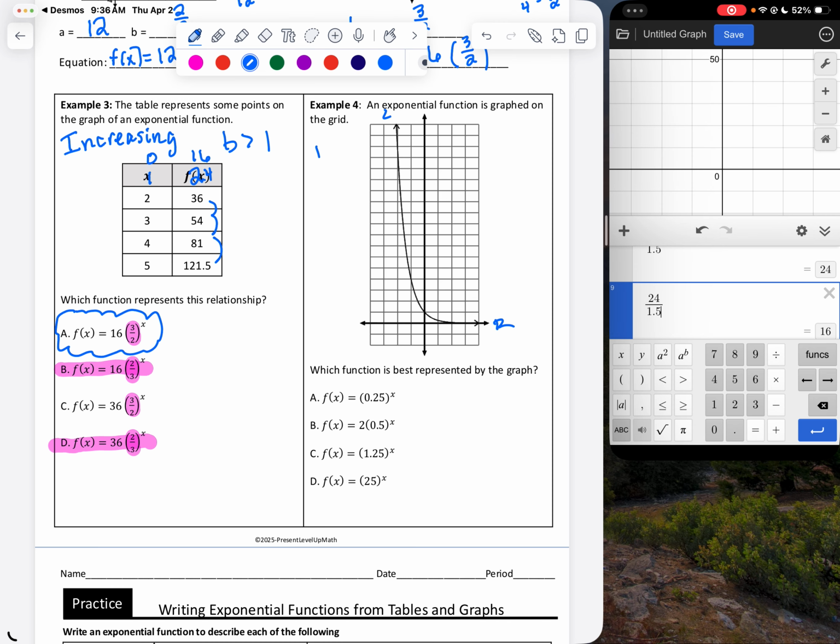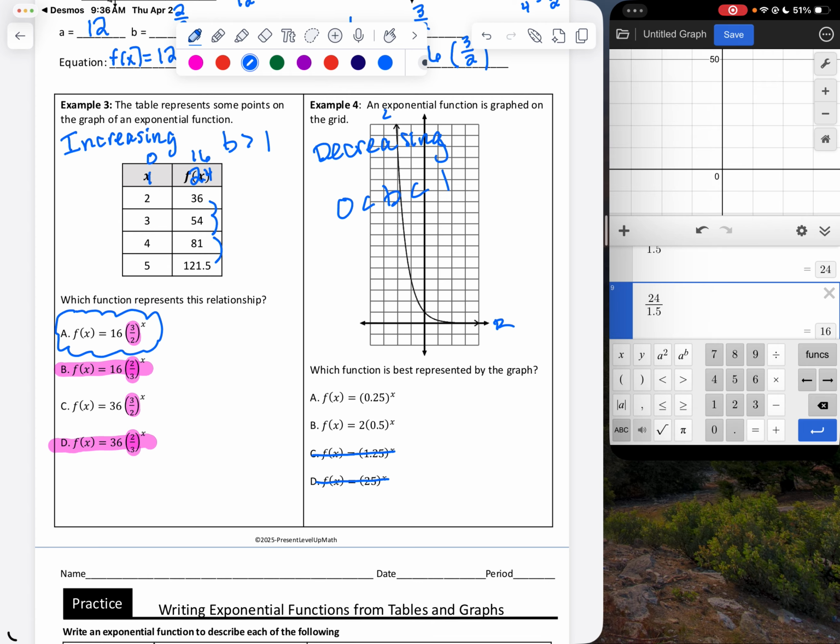So we can see it's decreasing, which means our b value must be between 0 and 1. Our base has to be smaller than 1. Let me say that again. The base must be smaller than 1. So I can get rid of C and D because they have bases that are bigger than 1.